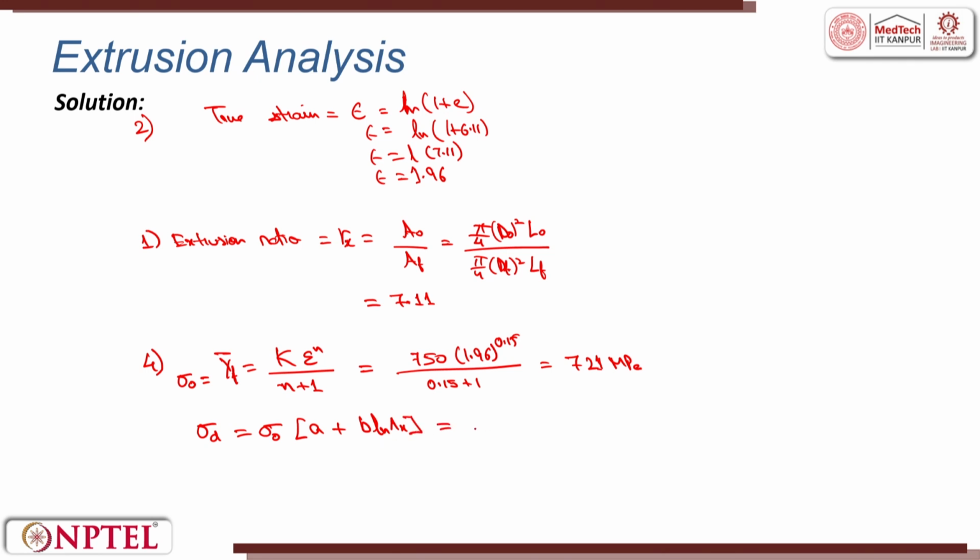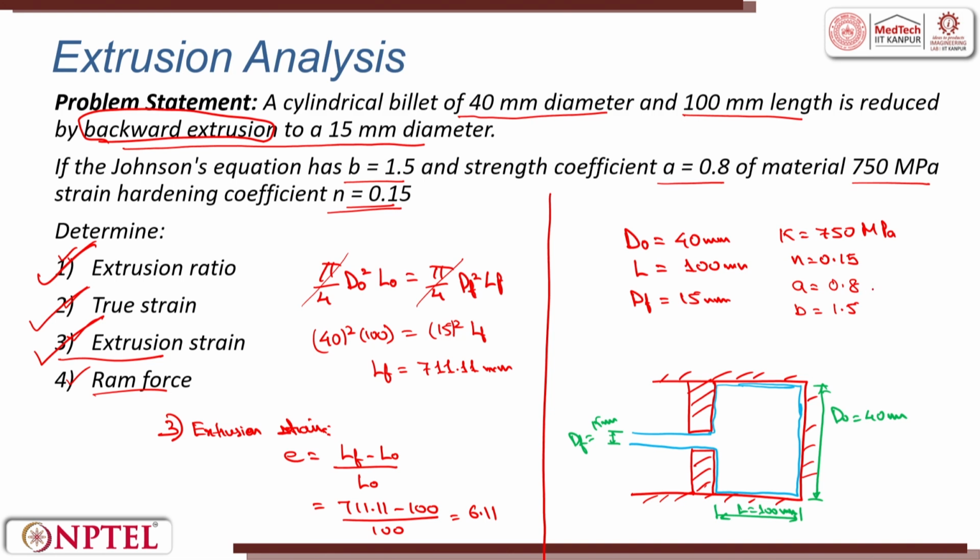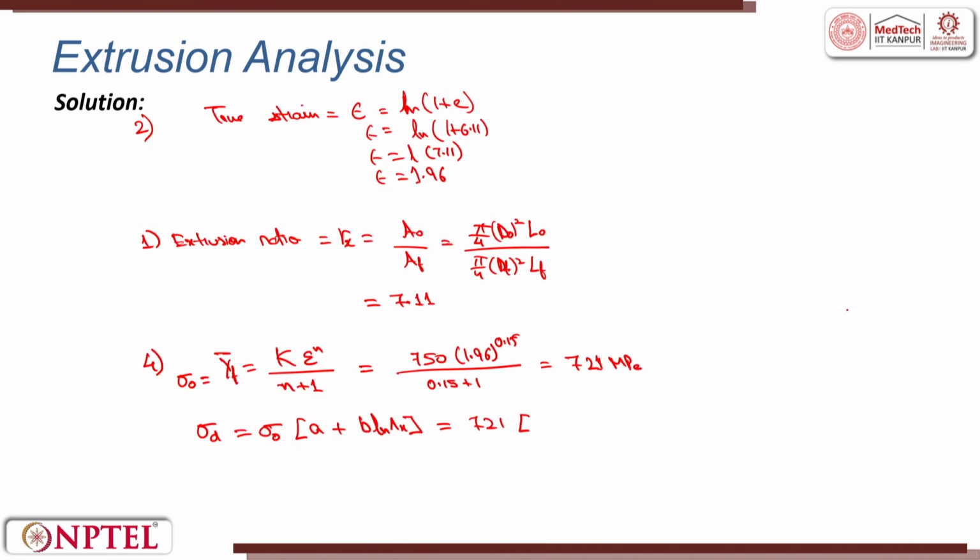This is equal to 721 into, the value of A is given 0.8, value of B is 1.5. 0.8 plus 1.5 into log of 7.11. This value turns out to be 2698.16 megapascal.